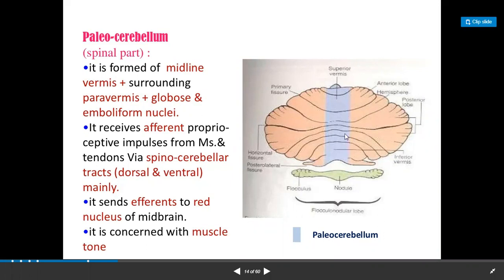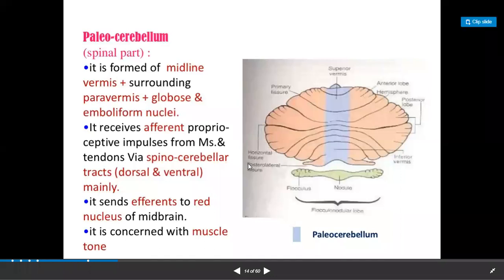It receives afferent proprioceptive impulses from muscle spindles, what you have studied in physiology, and also tendons, via spinocerebellar tracts, mainly dorsal and ventral tracts. It sends efferents to the red nucleus of the midbrain. So it is concerned with muscle tone.